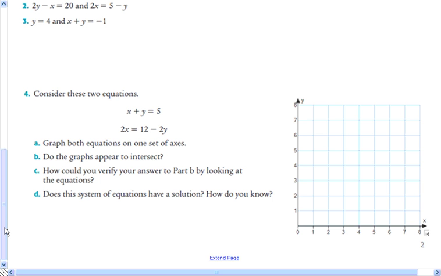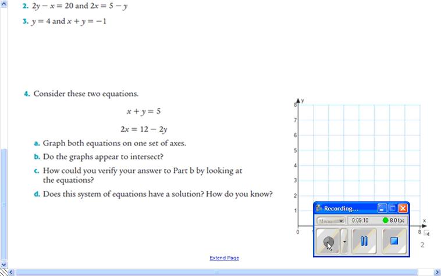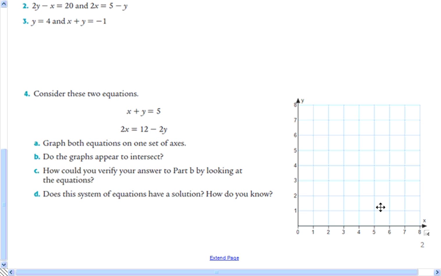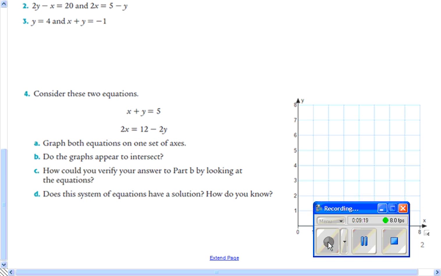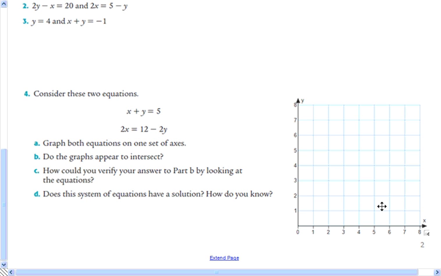We have 2 equations here, x plus y equals 5, and 2x equals 12 minus 2y. Let's check out these 2 equations, and it says graph both equations on the set of axes.